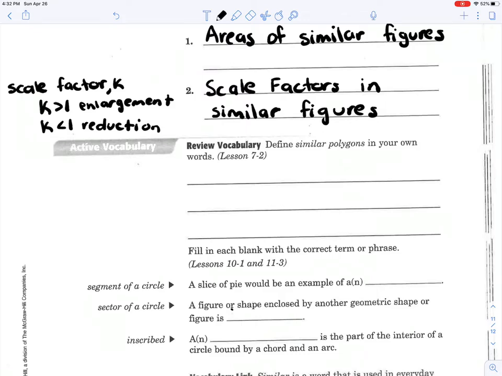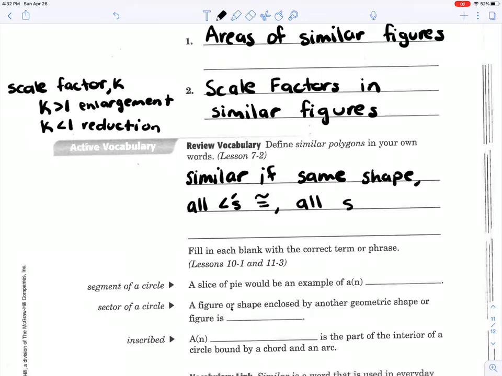Define similar polygons in your own words. Well, similar polygons are different than congruent polygons. Congruent polygons have both the same shape and the same size. Similar polygons have the same shape but not the same size. We would say they're similar if they have the same shape, and more specific than just saying different sizes, we could say all the angles are congruent, but all the sides are proportional.